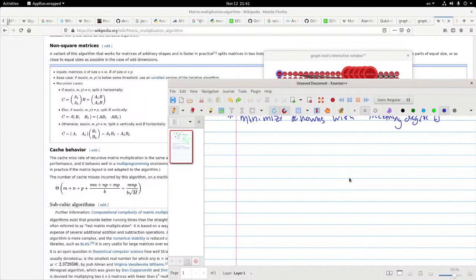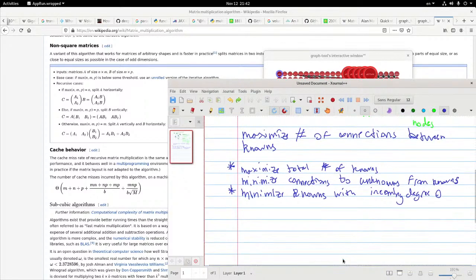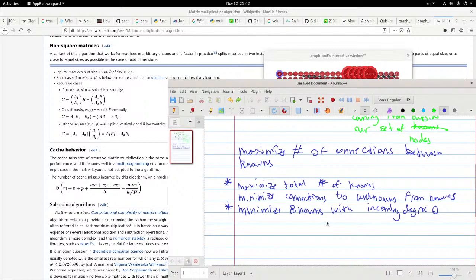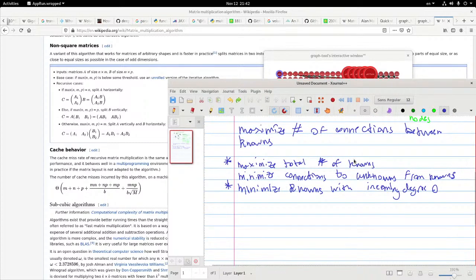I feel like maybe I just need a way of reformulating the problem so that I can use an established graph algorithm. It's vaguely minimum spanning tree-esque, right? Well, it's more like maximum spanning tree. Okay, so I want to maximize the total amount of nodes, right?